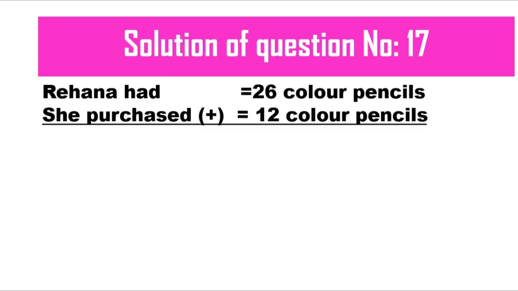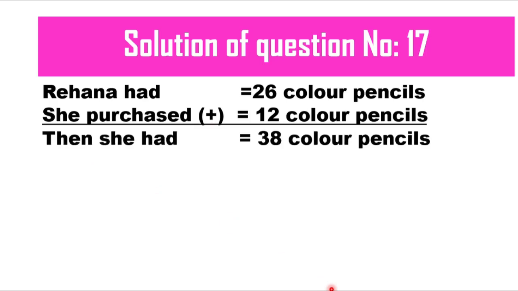And dear students, earlier I mentioned that because the number of pencils will be increased, that is why you should write a plus sign here. And in the next line you should write that then she had 38 color pencils. So how can we get this 38? The students, you know that 6 plus 2 is equal 8, and then 2 plus 1 is equal 3. So the answer of this particular line will be 38 color pencils.